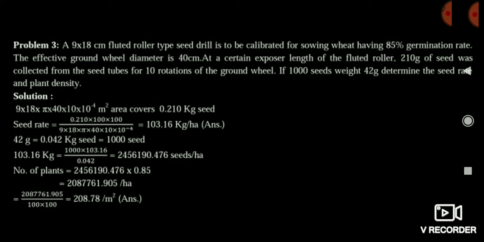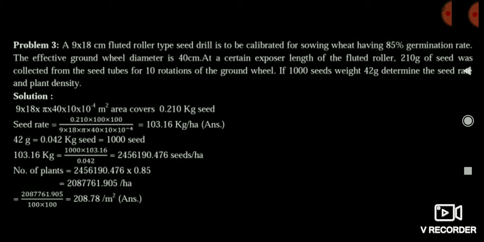Friends, a very easy way to calculate the seed rate is to go by its unit and dimension. Unit is simply kg per hectare. So you should put the weight of seeds in the numerator and the area of land in the denominator. So it is going to be 103.16 kg per hectare.